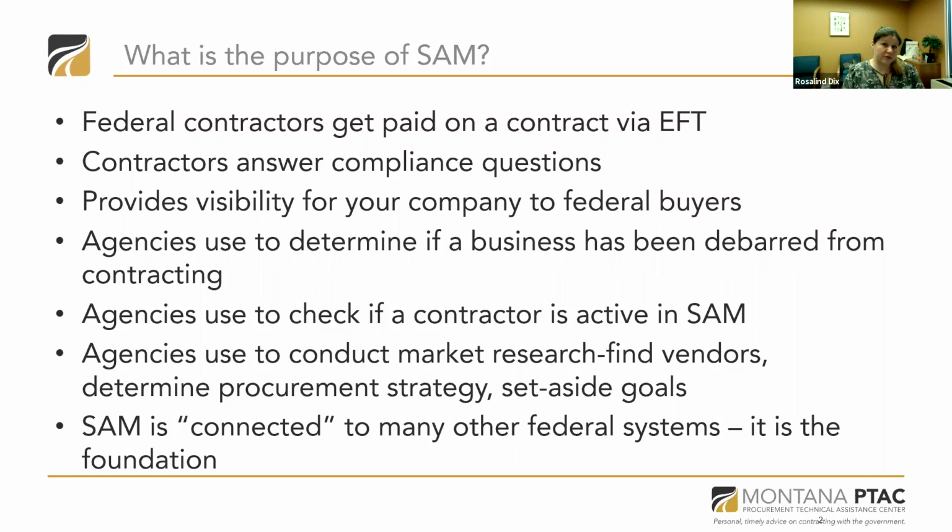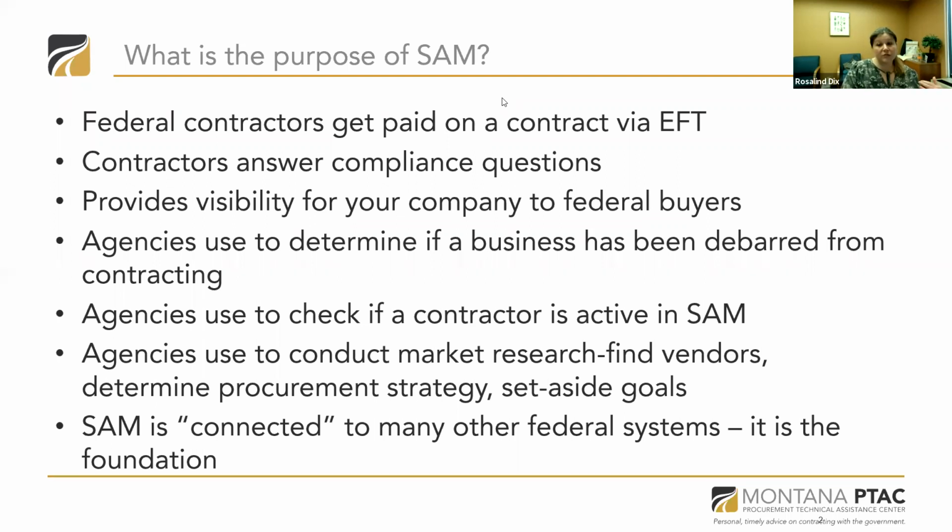Agencies also use SAM to do market research. What they're really trying to do is find vendors to help them with their procurement strategy, and see if there's a possibility that they can set a specific procurement aside, maybe for small business or woman-owned small business.